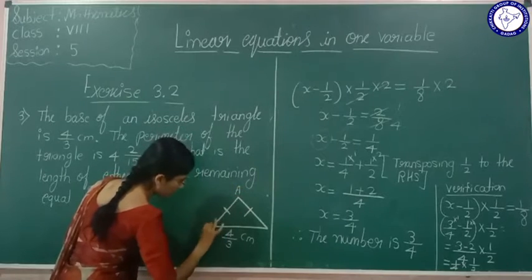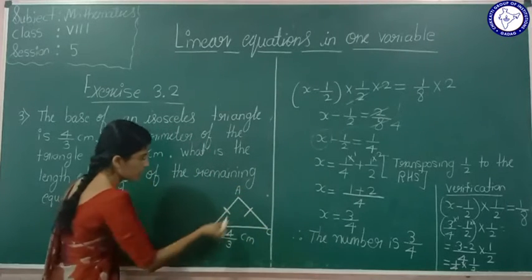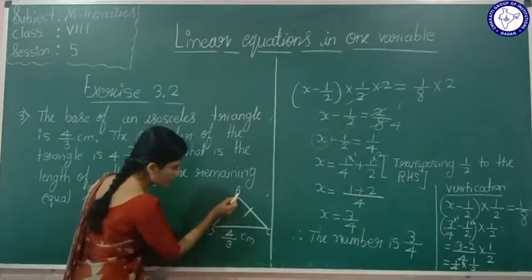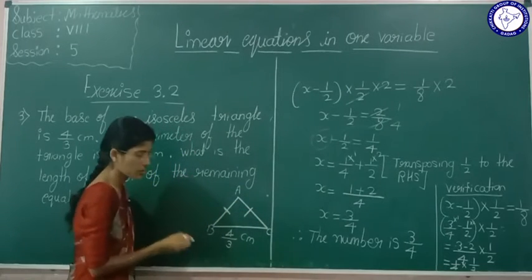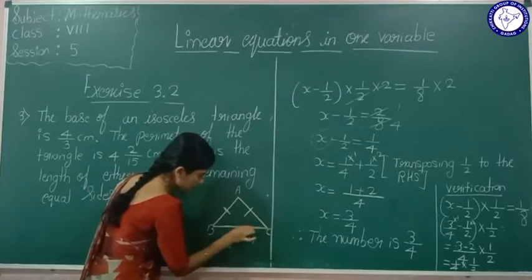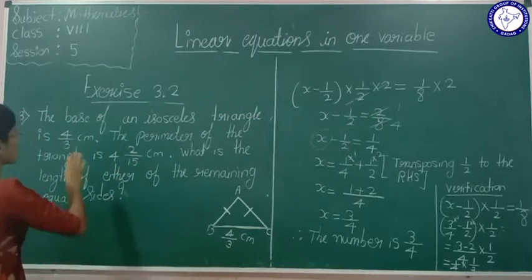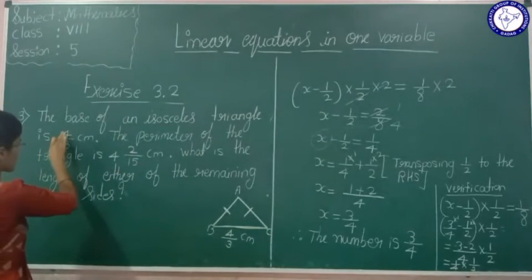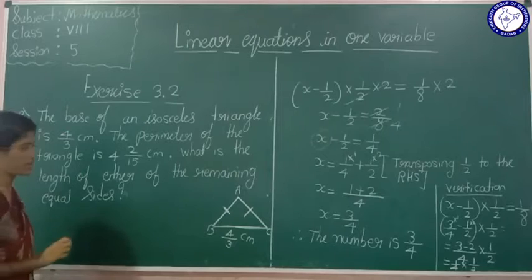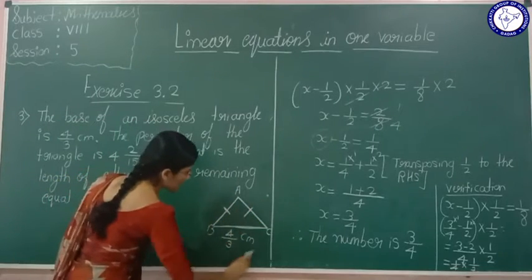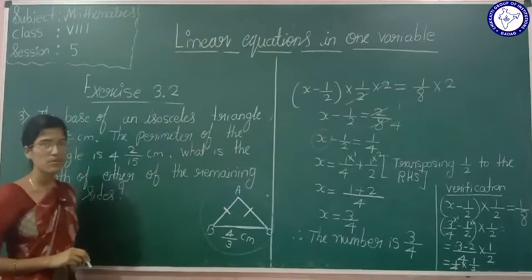Think here, ABC is an isosceles triangle in which AB and AC are equal. And here BC is a base. The base they have given is 4 by 3 centimeter. And the perimeter they have also given. What is the perimeter?